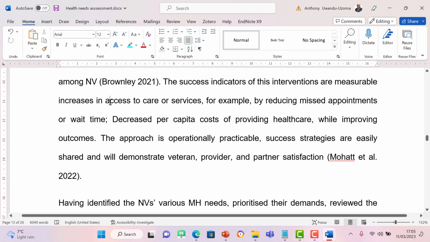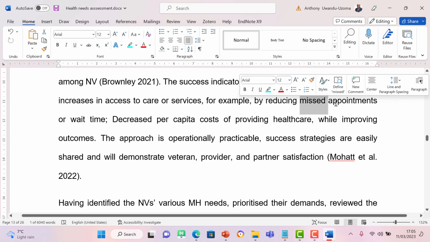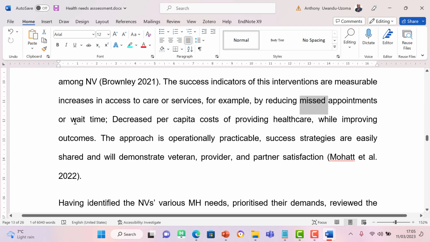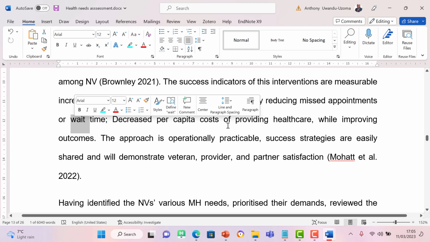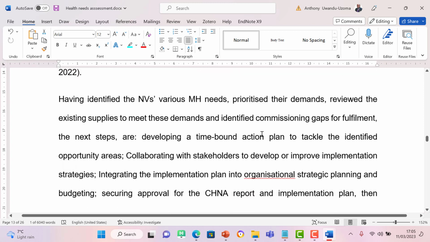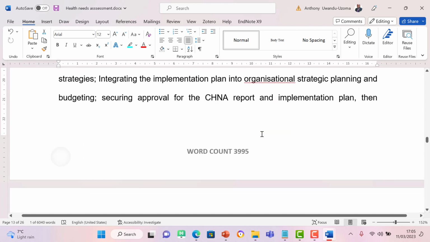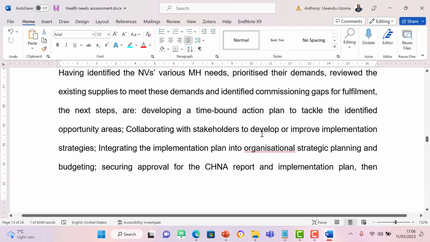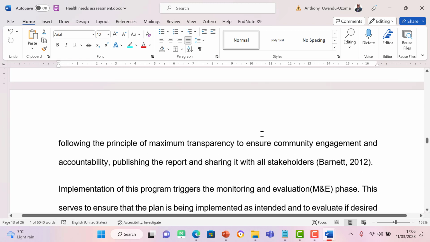You can see here: by measuring the number of people that access mental health services, the number of people that miss appointments, the wait time, or the cost of providing mental health services. So I think we have done justice to this essay.